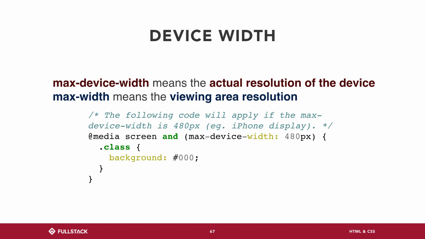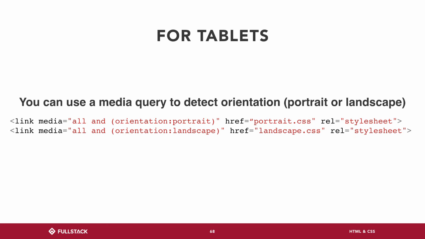And again, this is dealing with the resolution of the device as opposed to the viewing area that you're looking at. If you wanted to detect whether something was in portrait or landscape, you could do that as well, and you could bring in different style sheets based upon whether someone was looking at it in portrait or landscape mode.